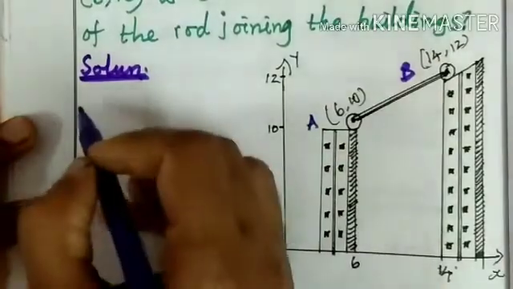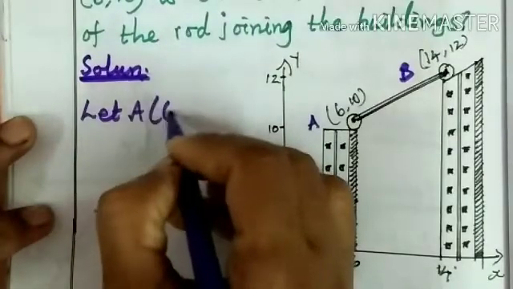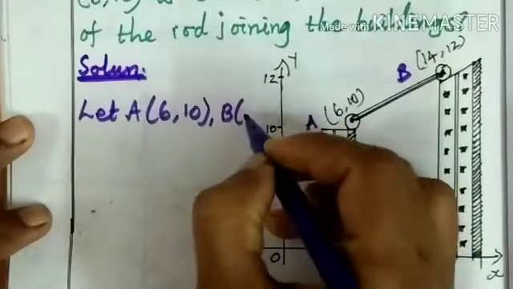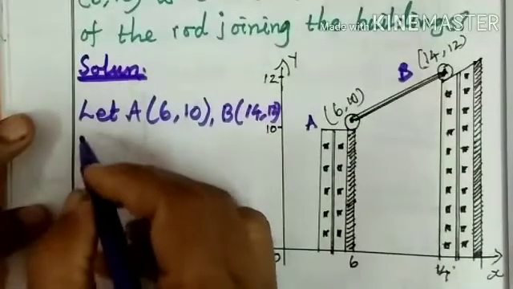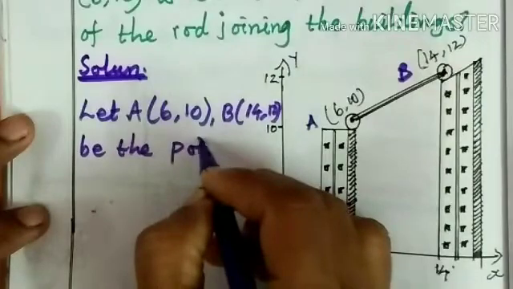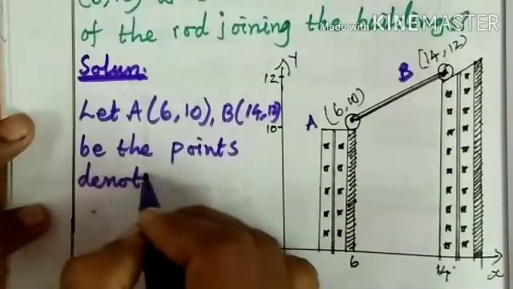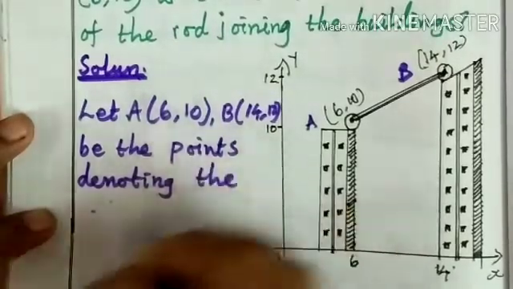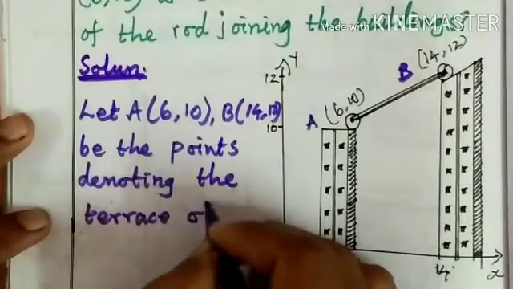Let us do the solution. First you take down and write the given. Let A 6, 10 and B 14, 12 be the points denoting the terrace of the buildings.